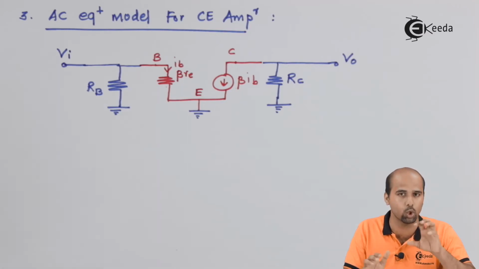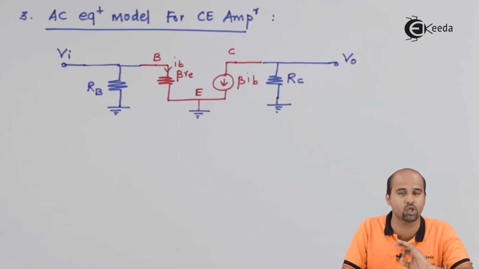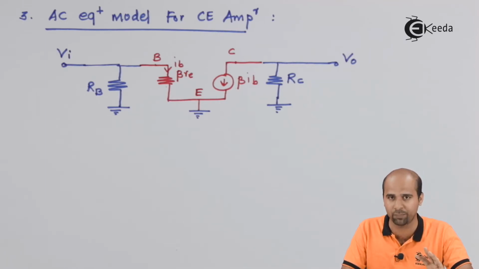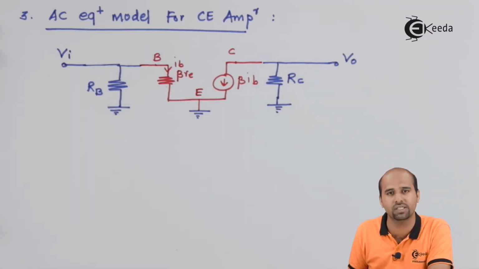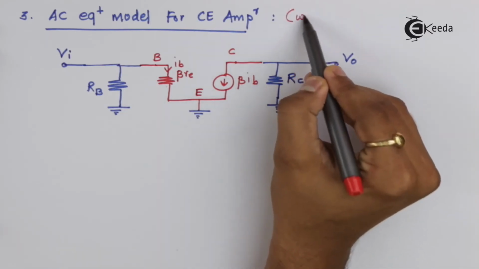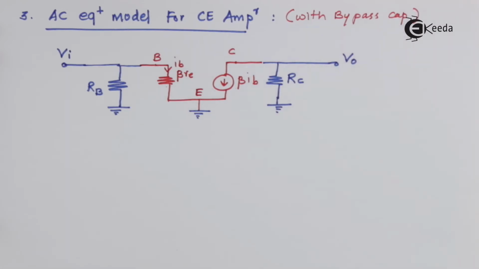Once you know all these five fingers law, then we can easily go for the AC analysis of any kind of amplifier. So let's move towards the analysis of this kind of CE amplifier with bypass capacitor.